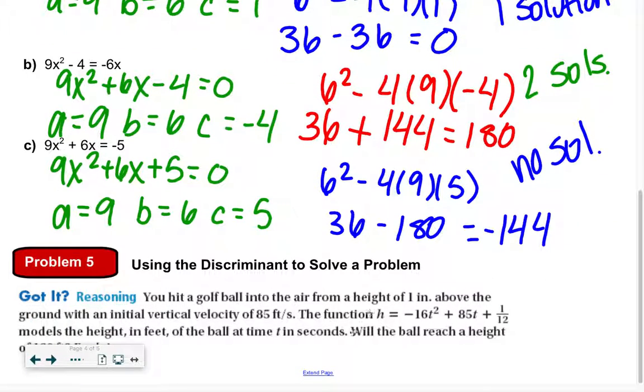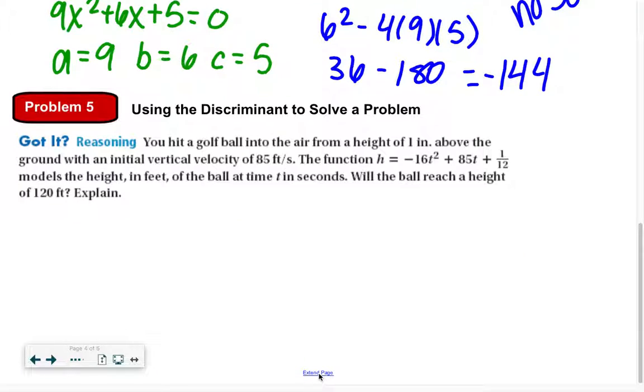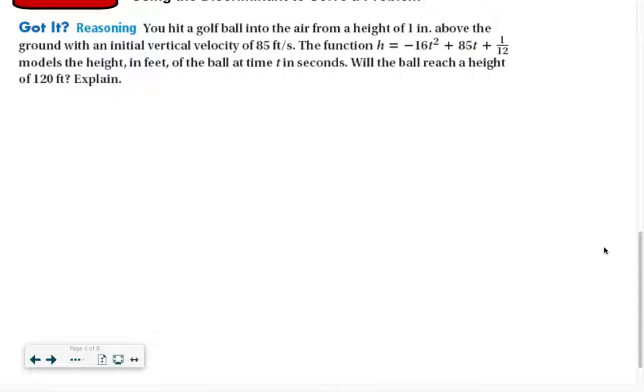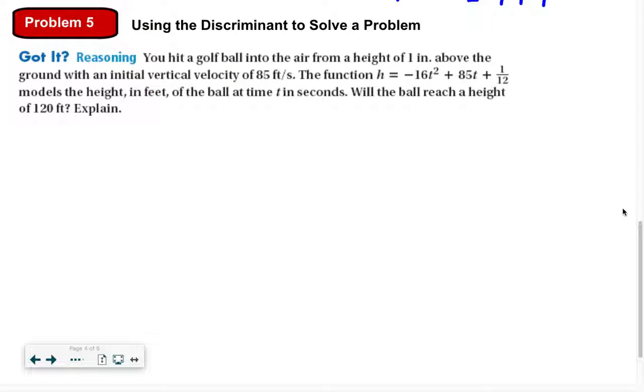We can use discriminants to solve problems. I think for the most part, if it asks you a yes or no question, you can use discriminants. So like this one says, you hit a golf ball into the air from a height of 1 inch above the ground with an initial vertical velocity of 85 per second.